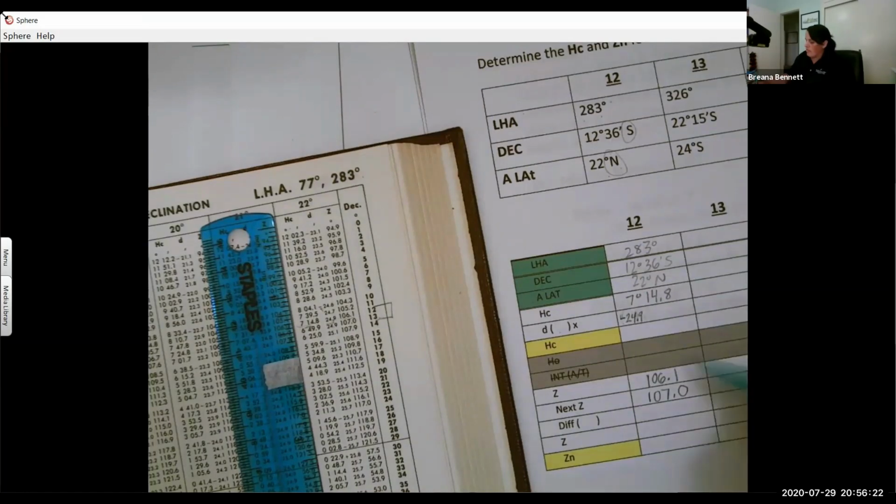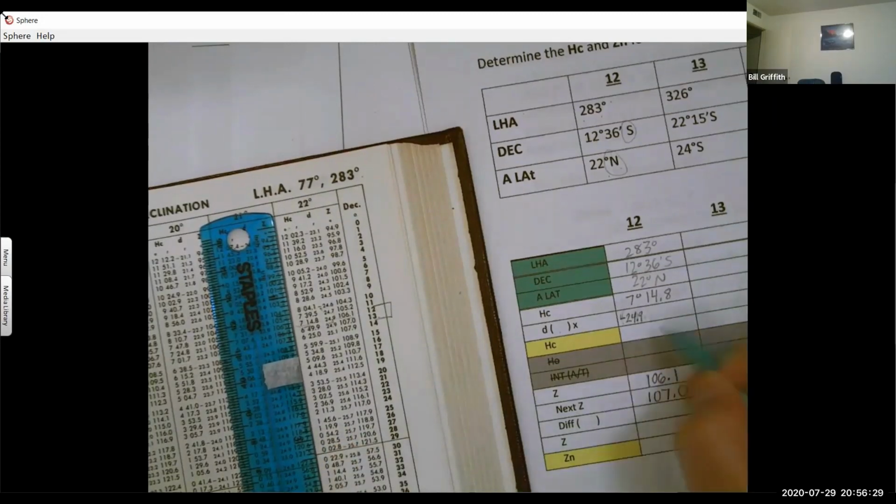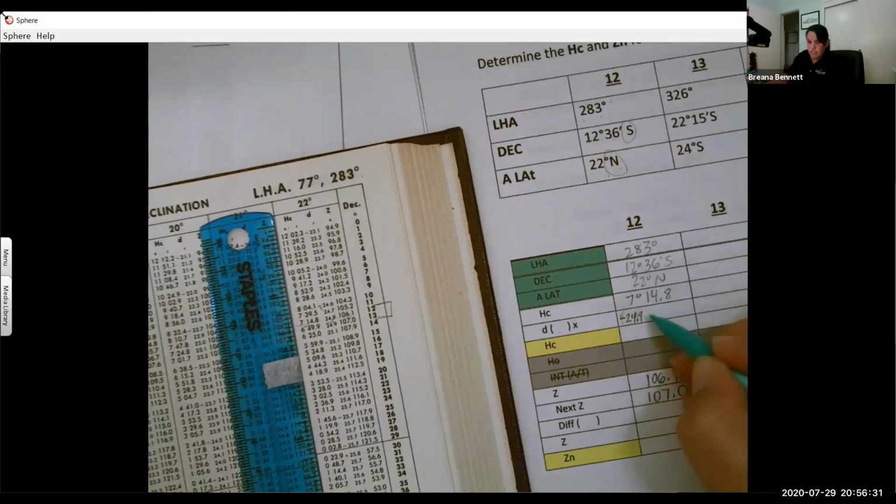And that's what I have for what I read from my 229 here. I'm going to go back to my altitude corrections, and this is where we're going to interpolate.